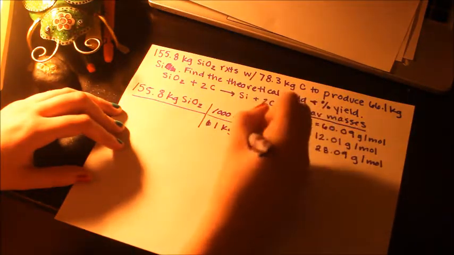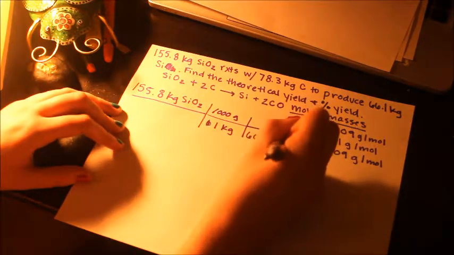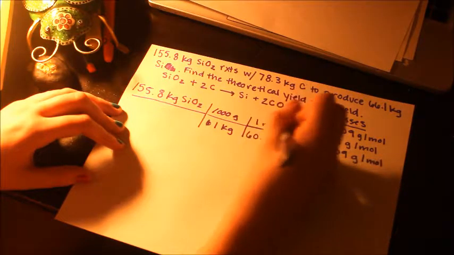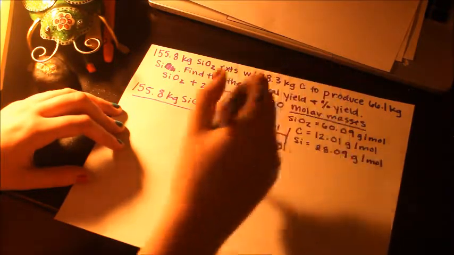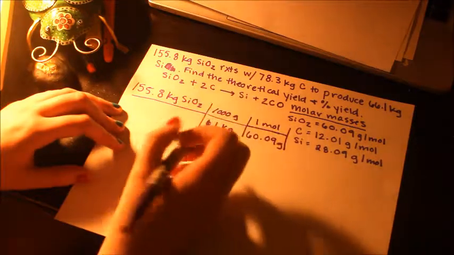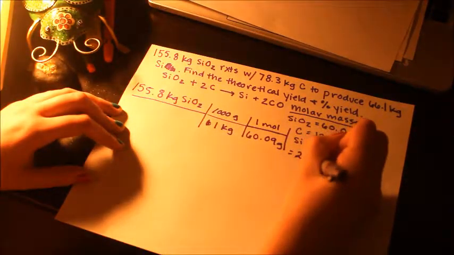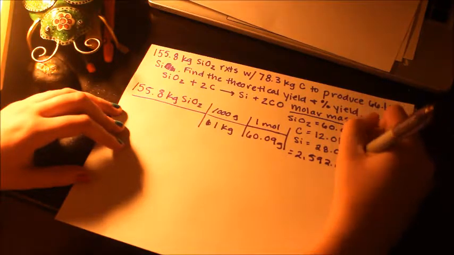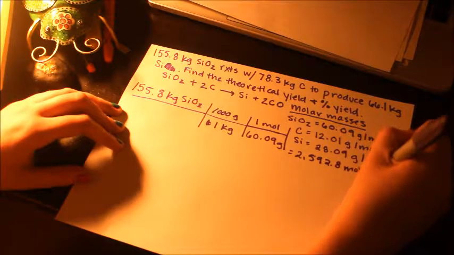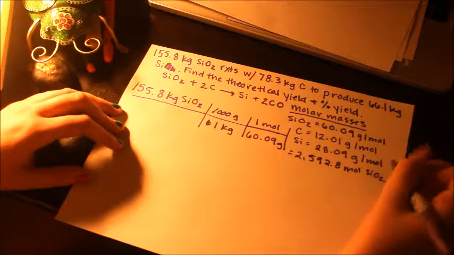My bad. And now we can do SiO2's molar mass, 60.09 grams per 1 mole. Remember your units, keep track. And this gives you 2,592.8 moles SiO2.